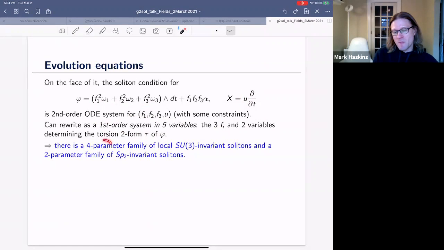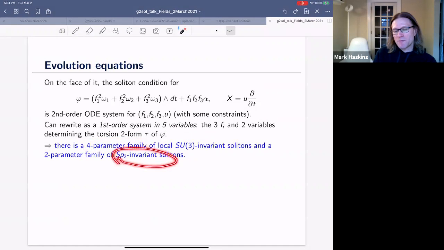So the question then is, we've got now this first order system in 5 variables, and a solution is a curve of those things. So this is telling us locally, at least, that for T3 invariant solitons, there's a 4-parameter family of solutions.